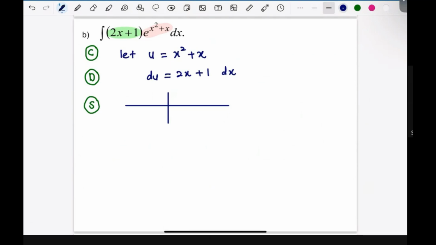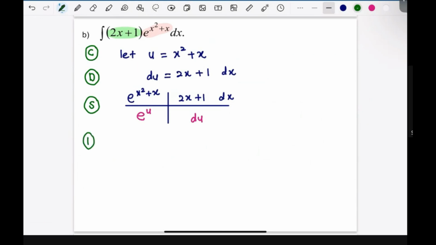So now since we have exponent, I have to choose e to the power of x squared plus x as my first function. And then for the second column, the remaining one, so we are left with 2x plus 1 dx. Okay, so change this. Now we're going to get e to the power of U. And for the second column, 2x plus 1 dx is exactly our du.